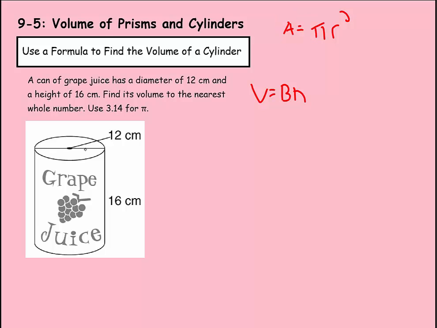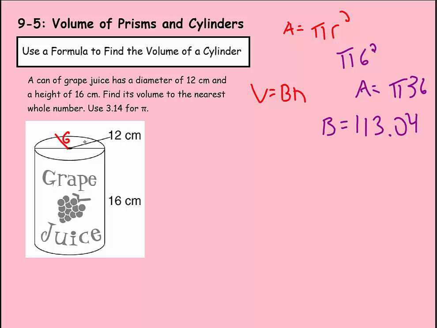If the diameter is 12, the radius is half of that, so 6. So that would be pi times 6 squared. 6 squared is 36. So the area of our base is going to be pi times 36. 3.14 for pi times 36 gives us an answer of 113.04. So that's the area of our base, the area of this circle.